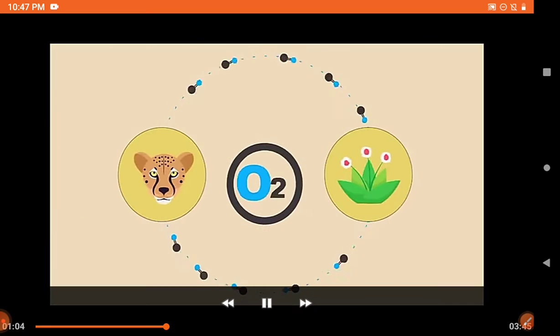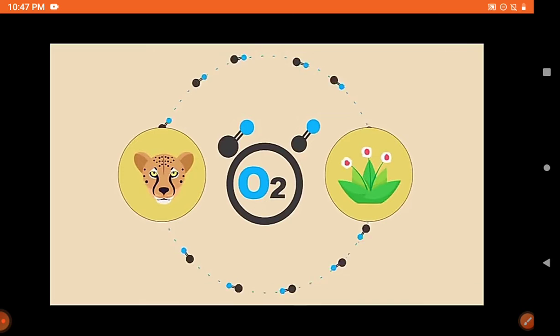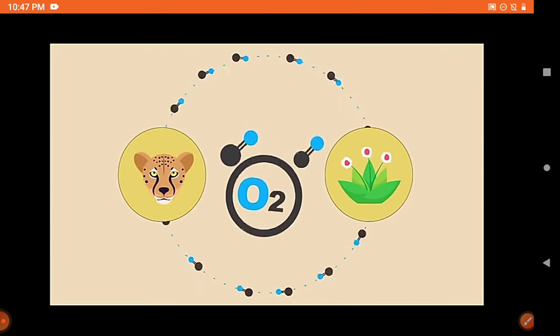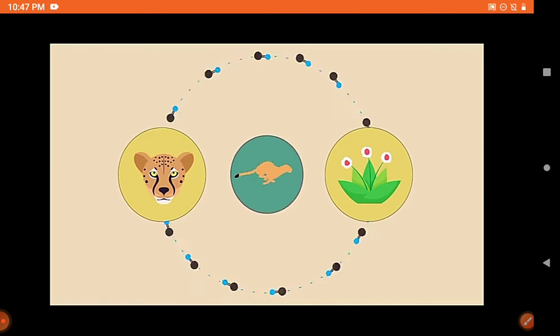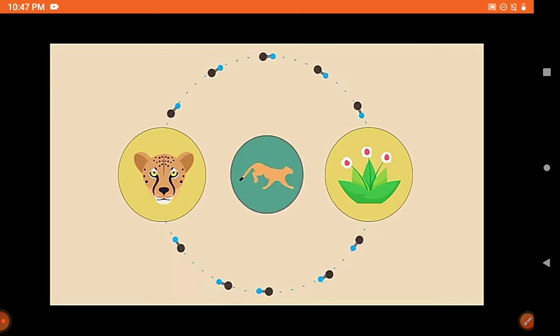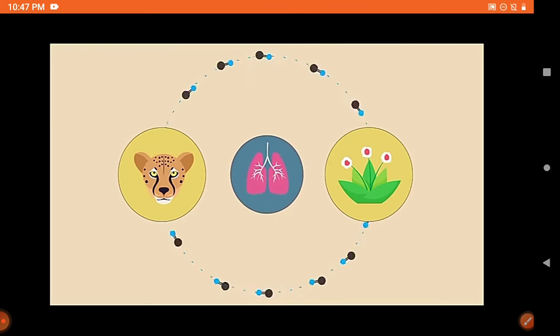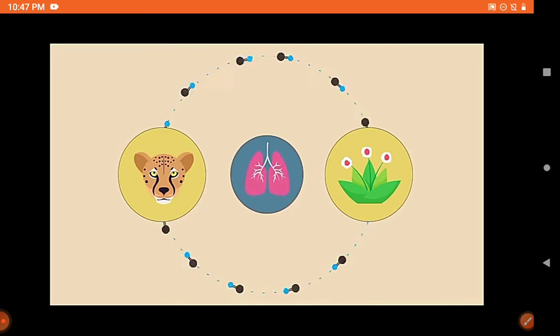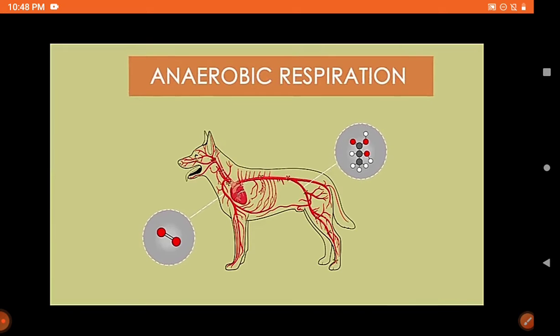But sometimes animals and plants cannot get enough oxygen to respire aerobically, such as while doing exercise, but they still need to respire to survive. After all, everything relies on respiration for energy. Luckily, there is a backup plan, anaerobic respiration.